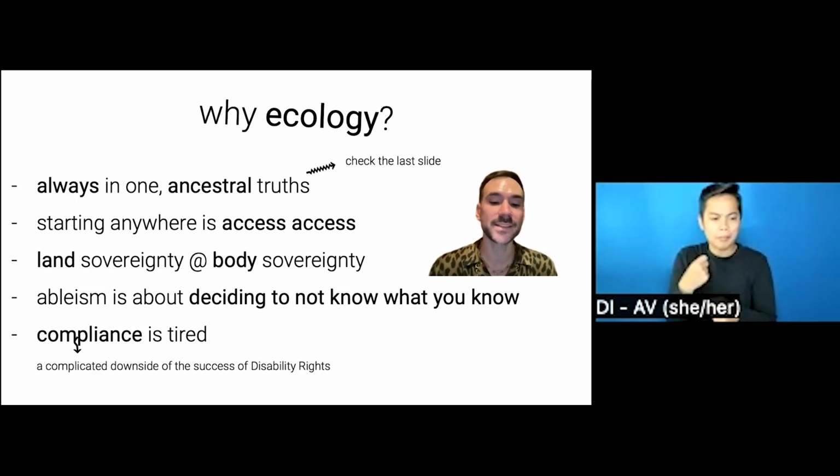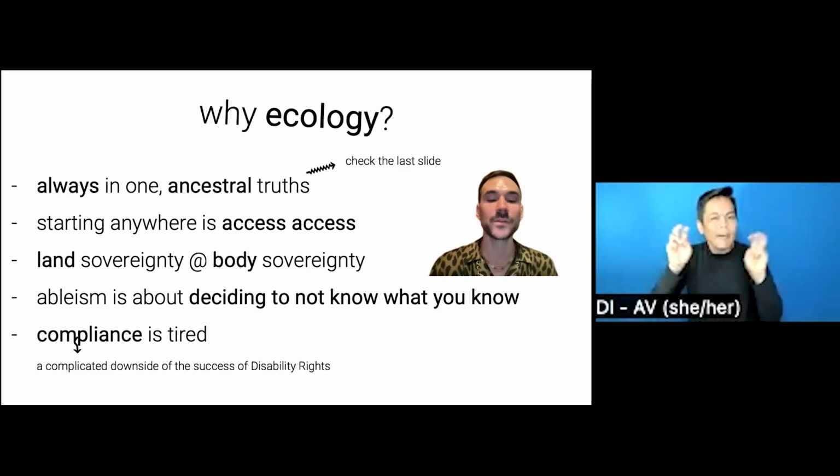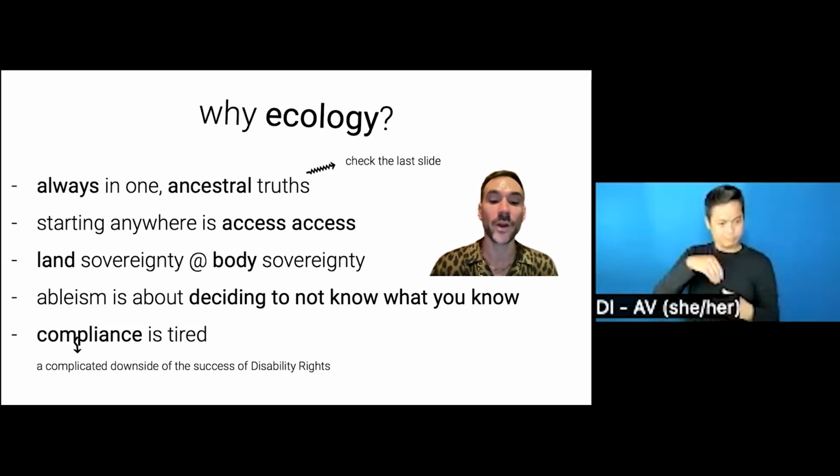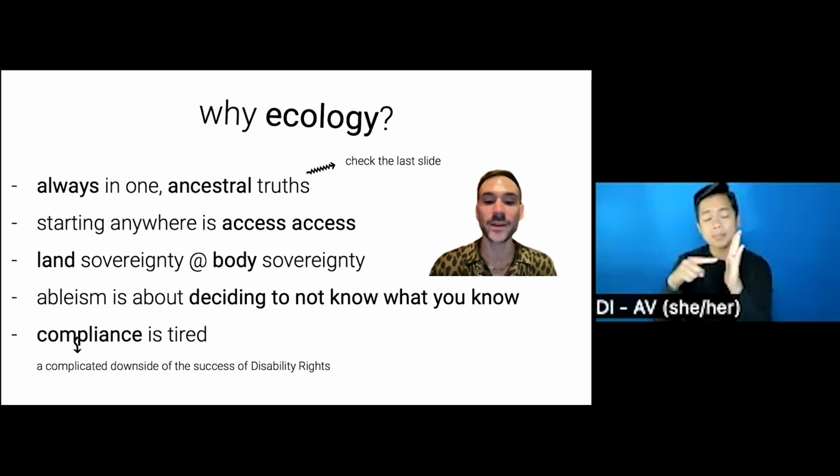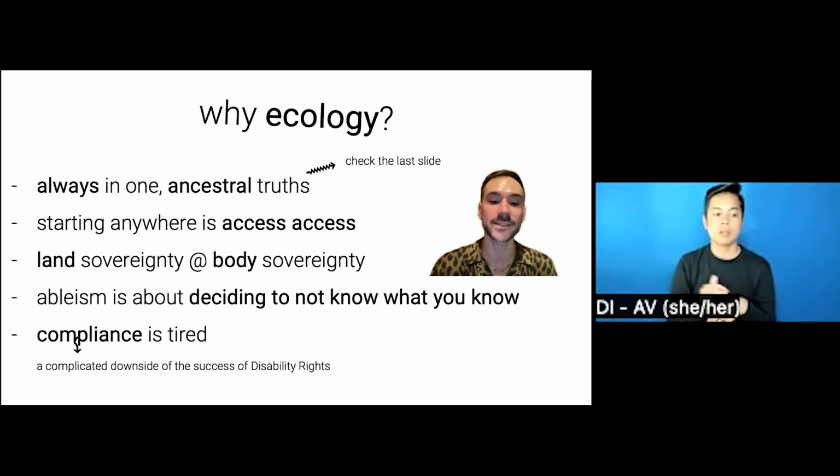But ableism is a system that teaches us how to deny what we already know. For example, I was struck by how few people were wearing masks when the air quality index shot way up.